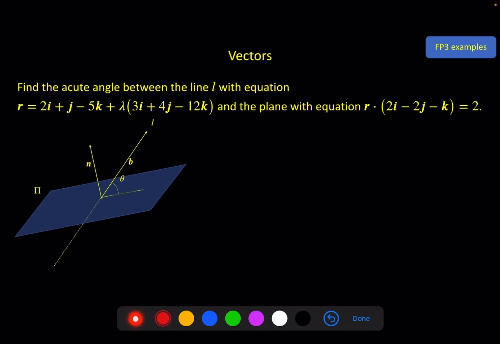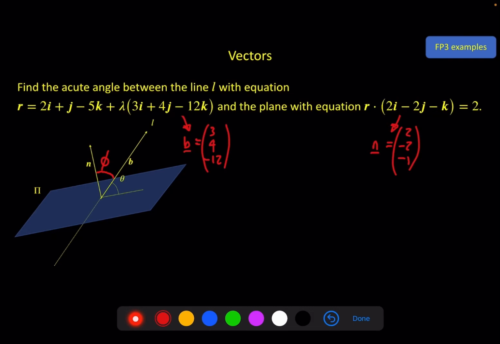So finding, let me call it phi. Finding phi is not so bad because we use the direction vector of the line and the normal vector of the plane.